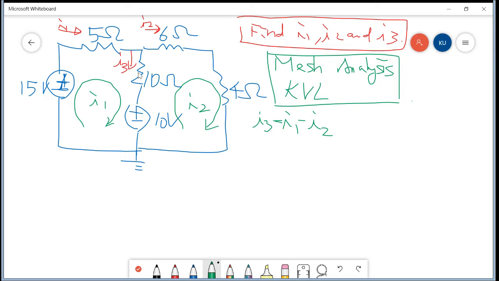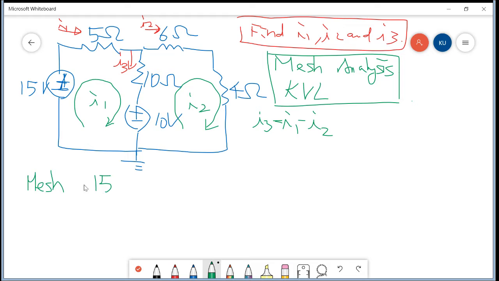Okay, so let's write the mesh equation. So for mesh 1, which means this mesh, 15 volt is plus, so this is lower voltage and this is higher.